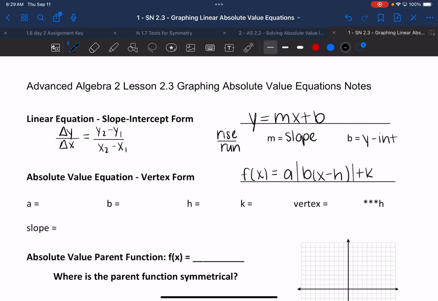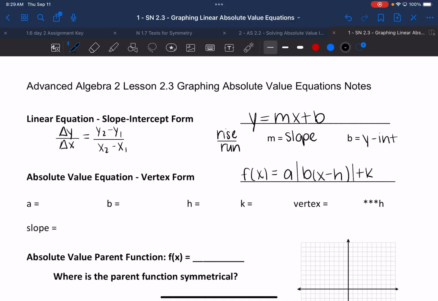All right, so like we said, we still need some sort of a slope to tell us how far apart to make the points, right? Here, instead of just having your M tell you your slope, you have two values that you have to put together in this equation to figure out what your slope would be, okay? So your slope is going to be made up of your A and B values.